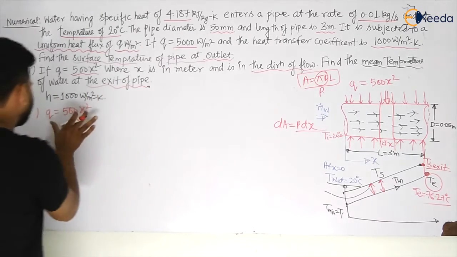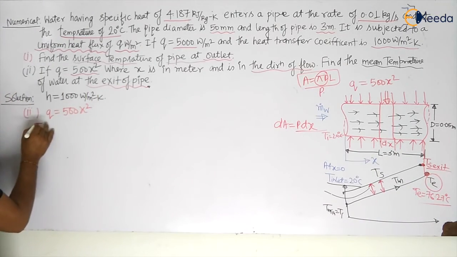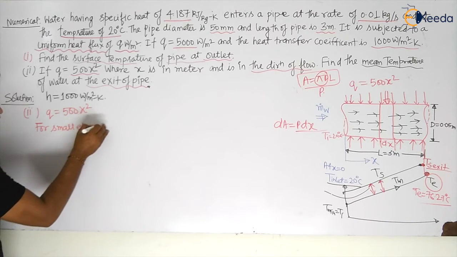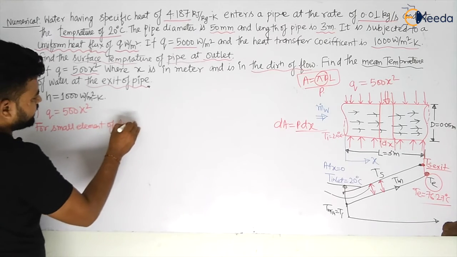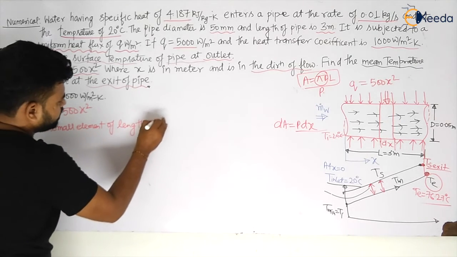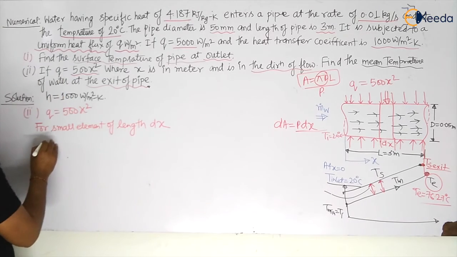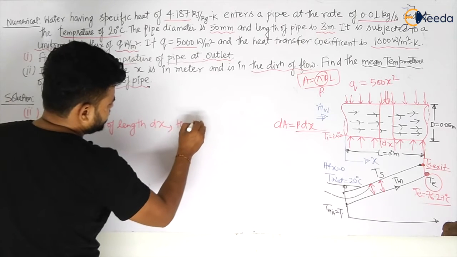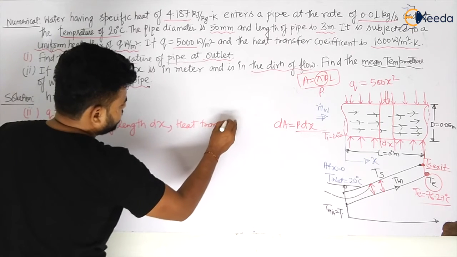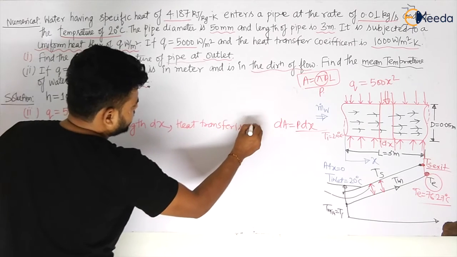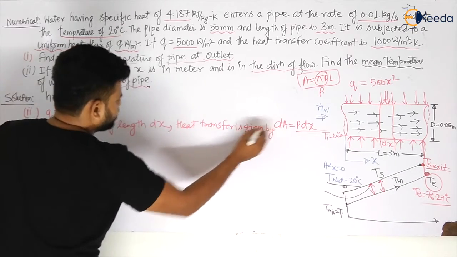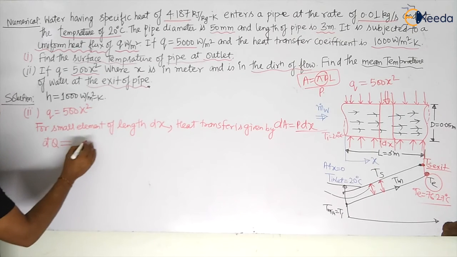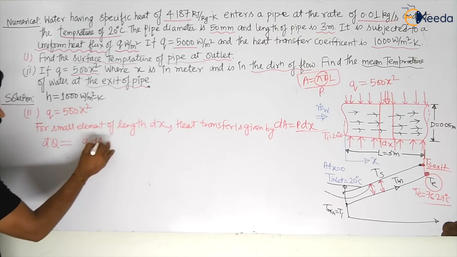So what will be the total heat given by this? For a small element of length dx, heat transfer is given by dq is equal to q into dA.